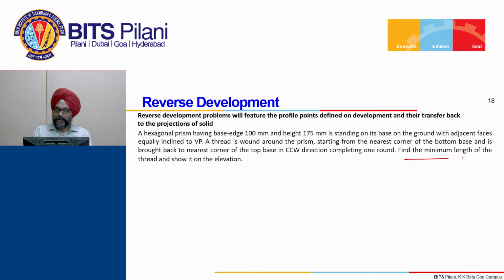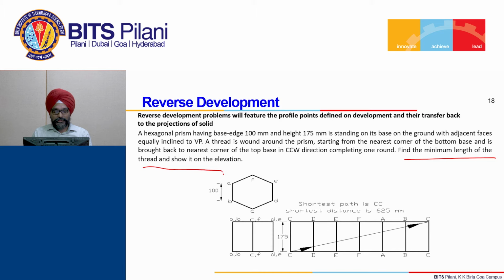Now, you see that minimum length of the thread. We have to completely wind it around the prism and we want minimum length. That minimum length you can obtain only through development. How? You can see the prism is shown here and its development is carried out.